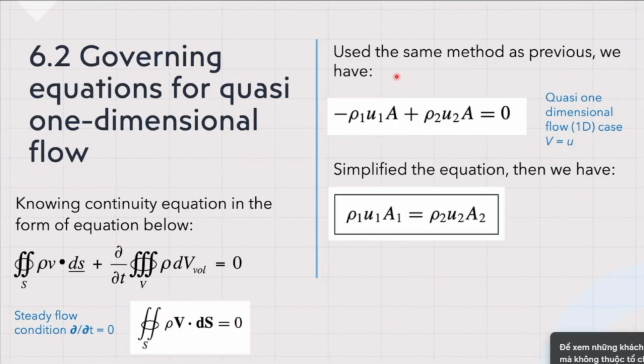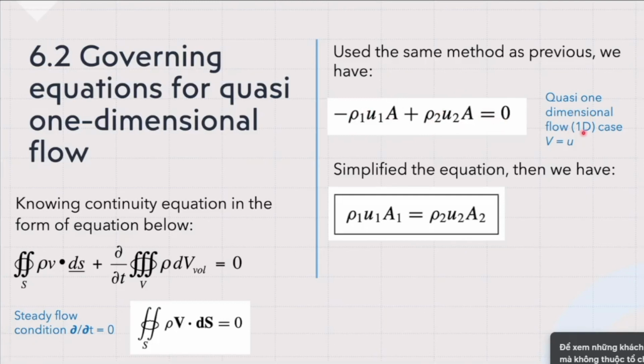So use the same method that we have already used before in the derivation. We then have, at station 1, density times velocity times area, which is actually the mass flow rate, m dot equal to rho UA, at station 1 as well as at station 2, which is then equated to 0.